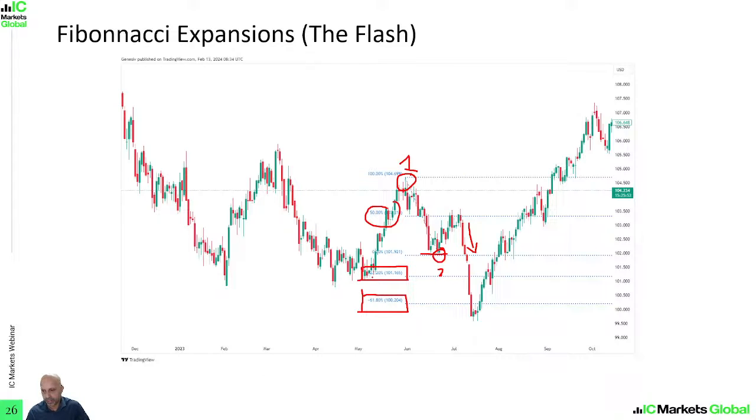We can identify negative 27.2 as the first take profit level, and should price continue to drop lower, then we can identify the second take profit level as negative 61.8%, right? So we can see how we have used the Fibonacci expansion levels to help us identify potential take profit zones for the potential bearish breakout over here, right?